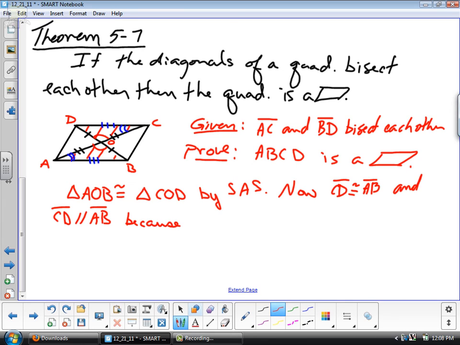And they're parallel because alternate interior angles will be congruent. This would mean that we have a parallelogram by theorem 5-4.